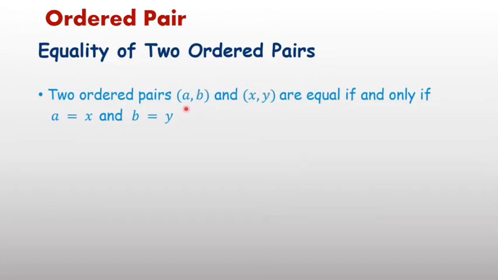Then we can say both ordered pairs are equal. That is, (a, b) = (x, y) if and only if a = x and b = y. This symbol is used for 'if and only if'.